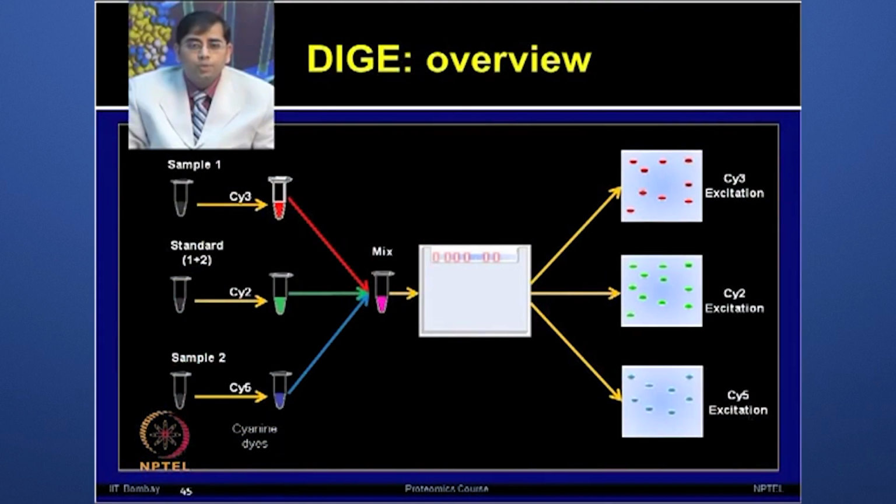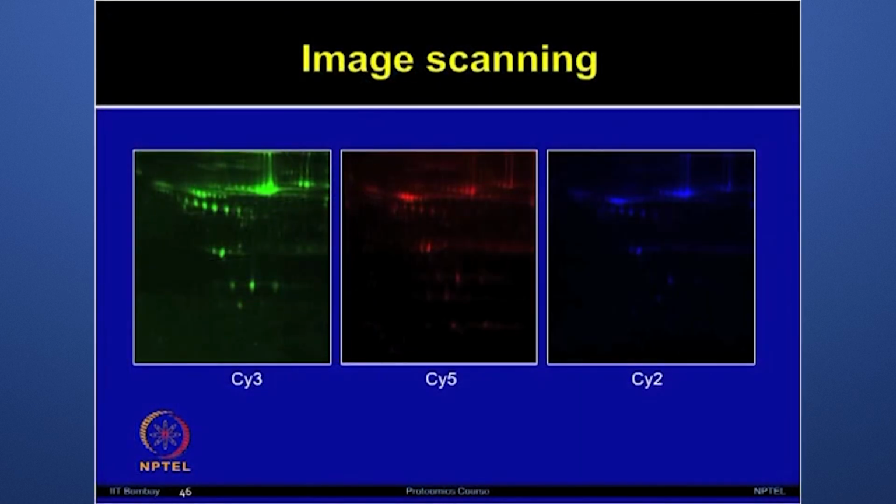So, this slide gives you an overview of the whole DIGE process, where one needs to mix Cy3, Cy5 and Cy2 dyes in one tube, resolve those on one gel on SDS PAGE and then scan that one gel with different excitation and emission wavelengths to obtain 3 gel images derived from the same gel. Here a few representative gels are shown obtained from the DIGE experiments for Cy3, Cy5 and Cy2.